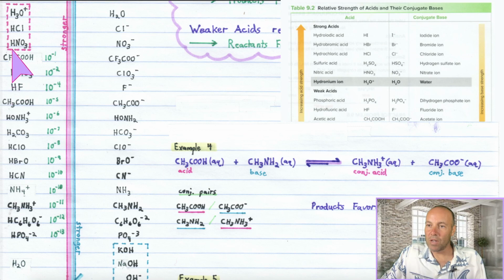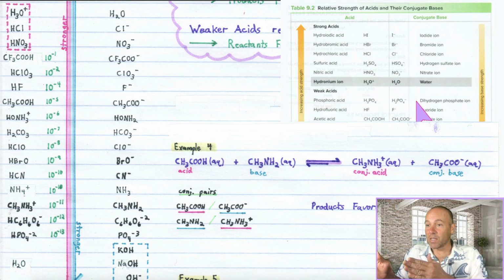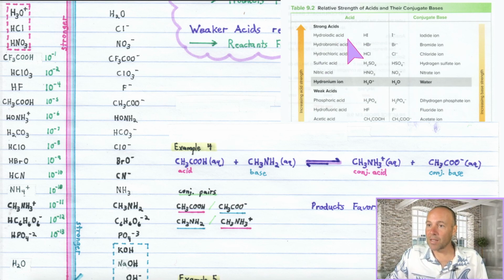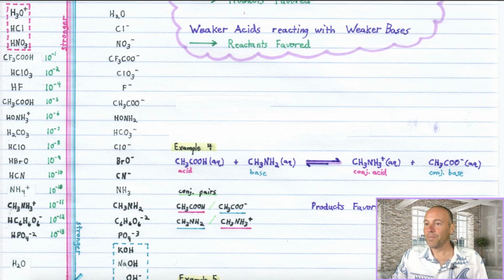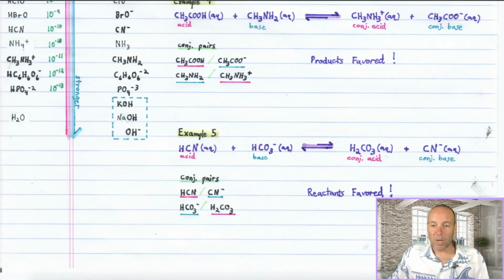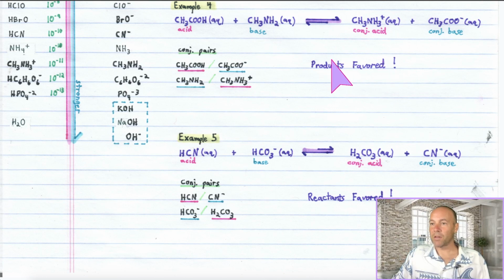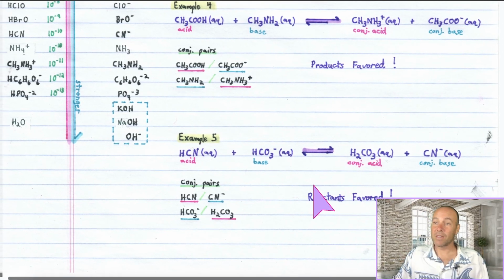You got your strong acids up here, and you get weaker and weaker and weaker. And then their corresponding conjugate bases get stronger and stronger and stronger. So if you want a reaction which proceeds mostly to product, select someone up here with someone down there. If you try to go this way, the reactants are going to be favored. So that's how you can predict whether the products are favored or the reactants are favored in an acid-base reaction.